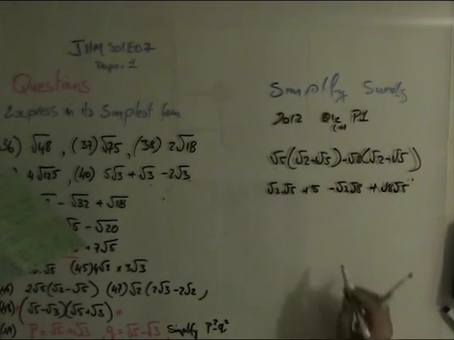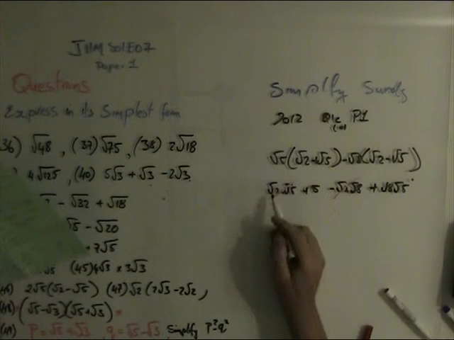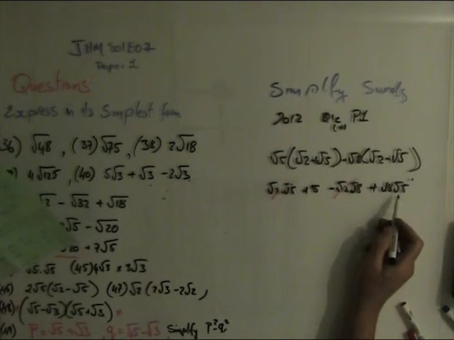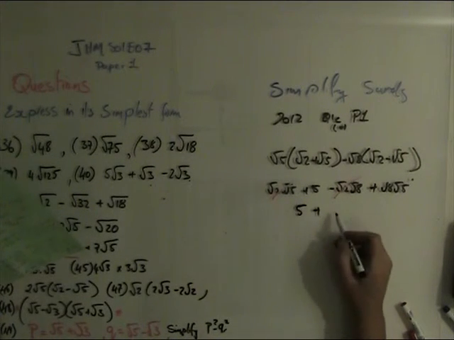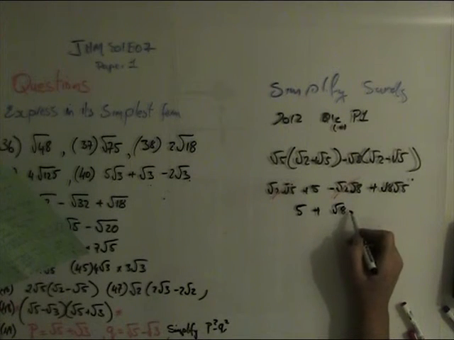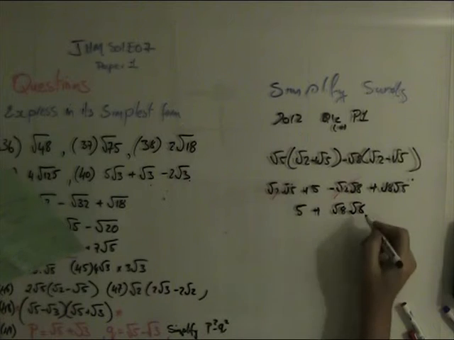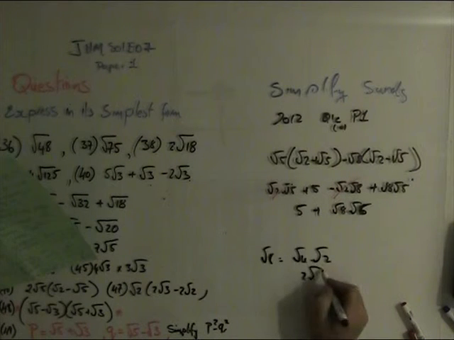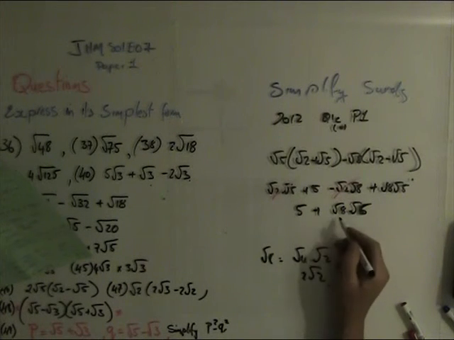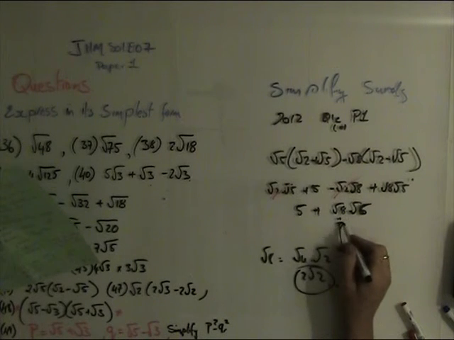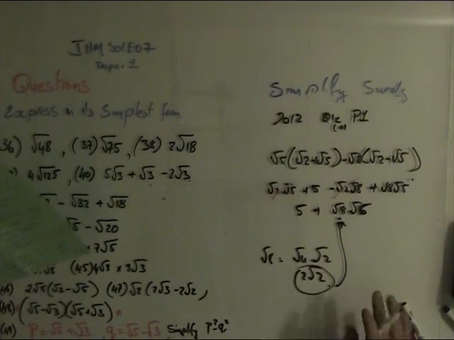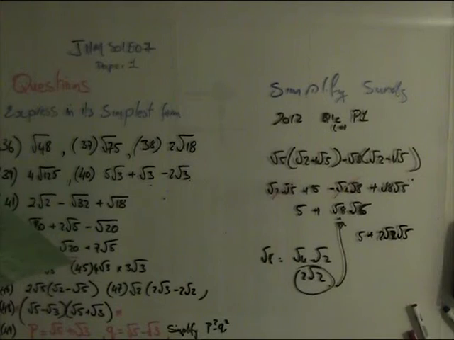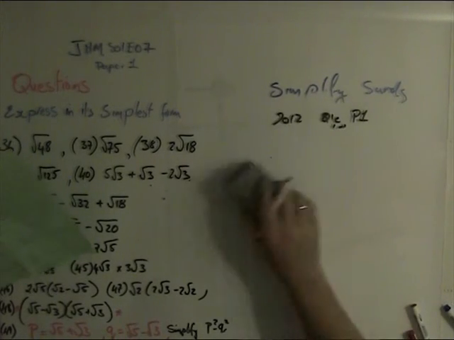This cancels, okay, this is plus and this is negative, and you've got 5 plus root 8 times root 5. Now root 8 can be changed down again. Root 8 is the same as root 4 by root 2, which is 2 times root 2. So you can change this to 2 times root 2 and put it in. I don't know if it's going to make any difference, but anyway, it's simplified down even lower. So that'd be 5 plus 2 times root 2 by root 5. Okay? That seems okay to me. Right, that's 2012.